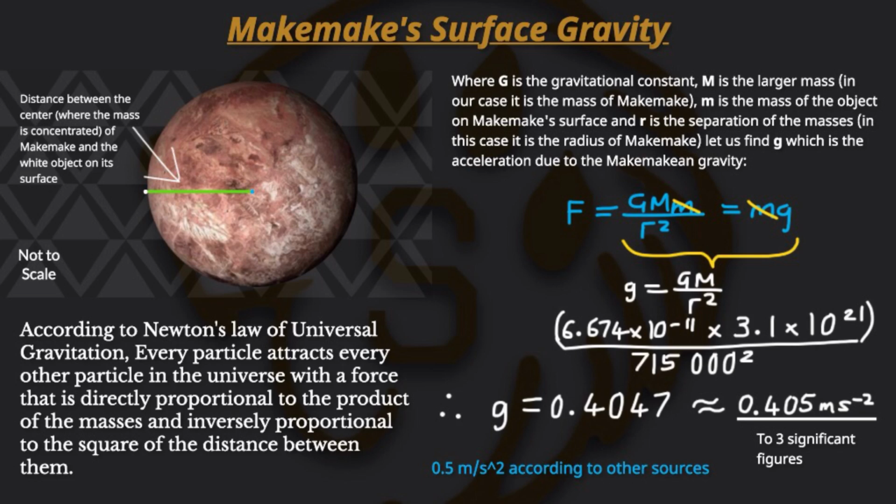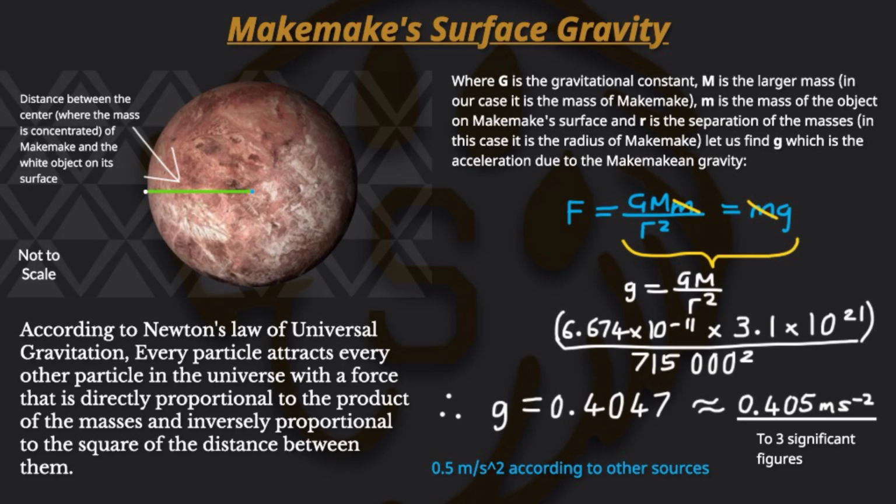If you know why we are getting a different value, please put it in the comment section on the YouTube channel. As far as we're concerned, we are correct, because some sources just leave it as below 0.5 meters per second squared. That's why we think we are justified to make it 0.4 meters per second squared.